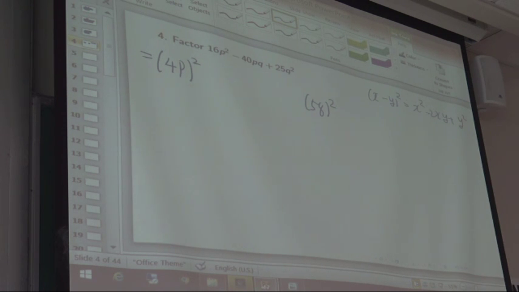The middle term is the 4p and 5q. What is 4p and 5q? This is 20pq, but we have a negative 2 here, like that. So we have a negative 2. So this exactly matches that formula. So this is 4p minus 5q squared.